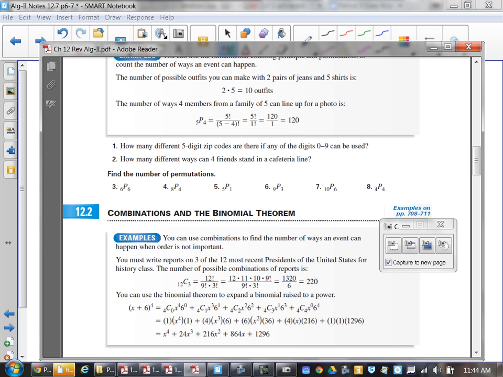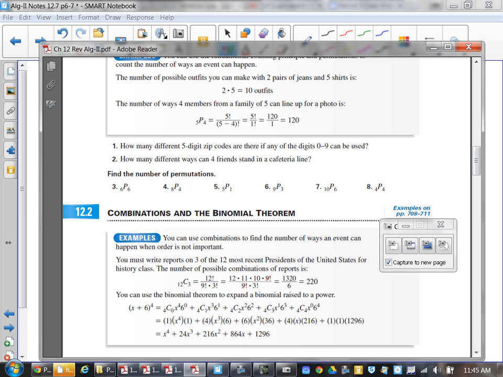But look at how many different ways a 5-digit zip code can be put in order if the digits 0 to 9 can be used. Well, does order matter in a zip code? Yes. Because if you put the numbers in the wrong order, then it's a different zip code. 1, 2, 3, 4, 5 is different from 5, 4, 3, 2, 1, because you want to get your mail, not your grandma's.